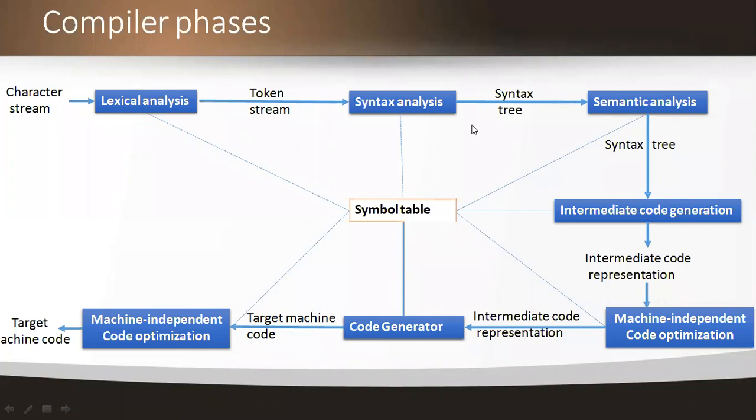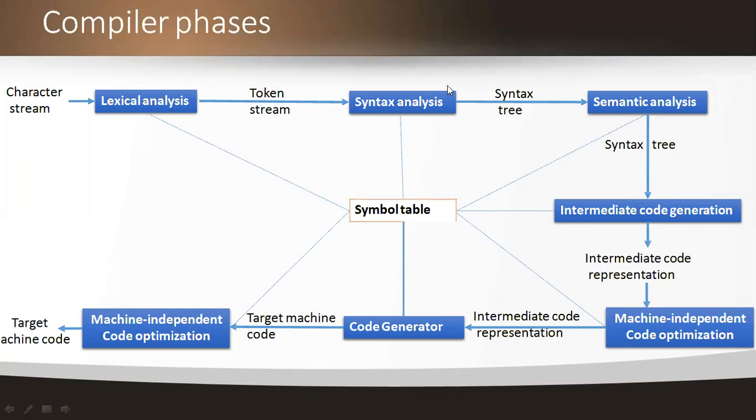And see here, each and every phase is linked with a symbol table. While seeing the slide, you can identify that every phase, all the 6 phases, are linked with the symbol table. Why? Because this symbol table acts as a data structure where we maintain a record of the compilation process.